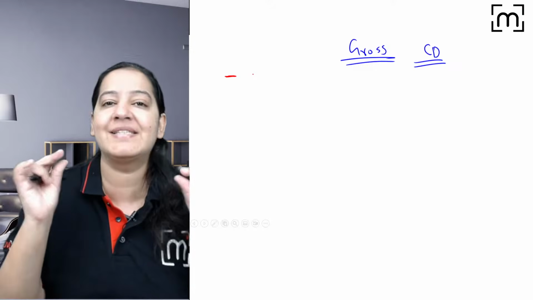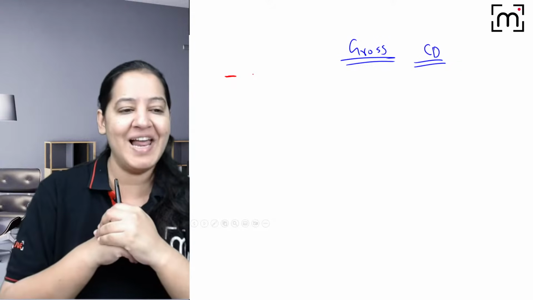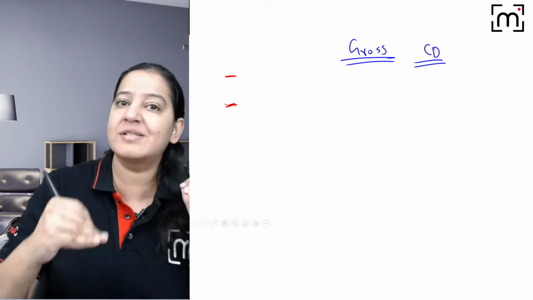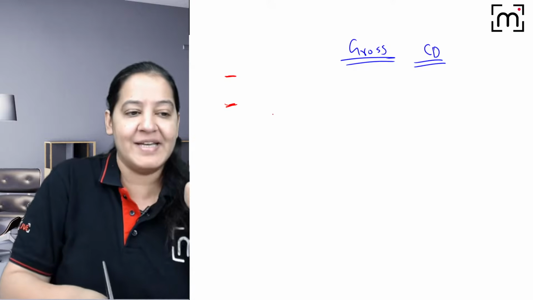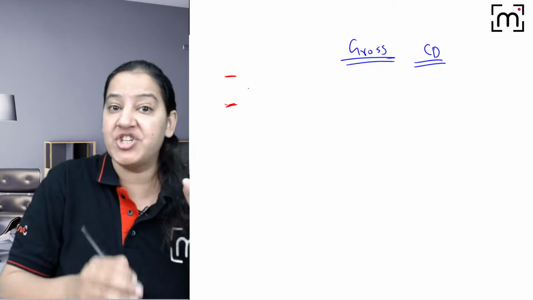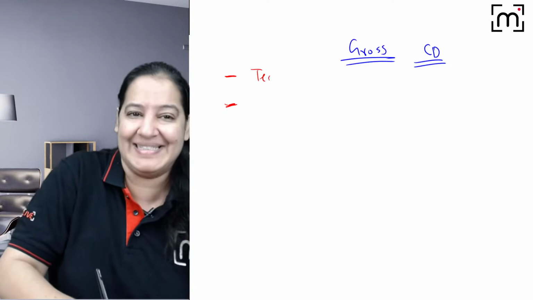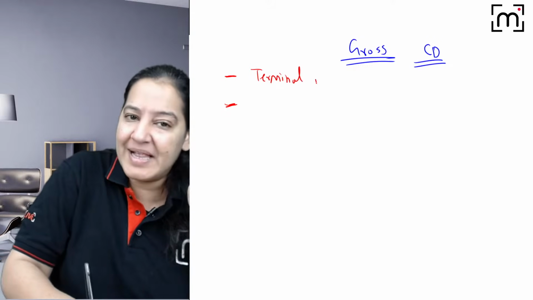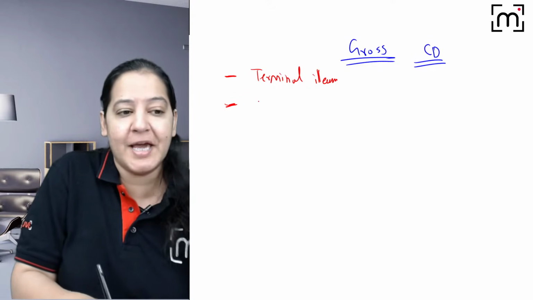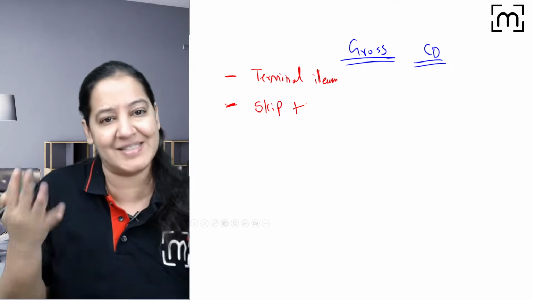From which point does CD start? The starting point, yes, ileum. To be exact, say terminal ileum, the junction of the small and large intestine, the best answer. So the starting point is terminal ileum. Very good. Number 2, tell me whether it is continuous or skip involvement. Everyone knows it's skip involvement. Continuous is not there, it's skip involvement.